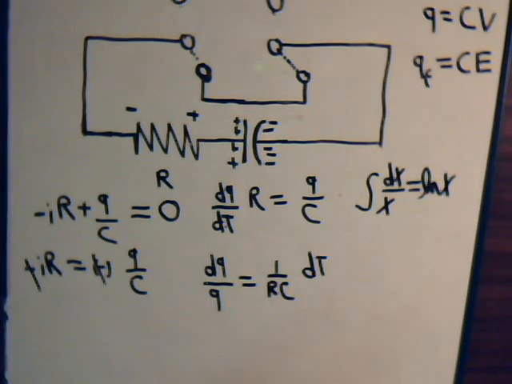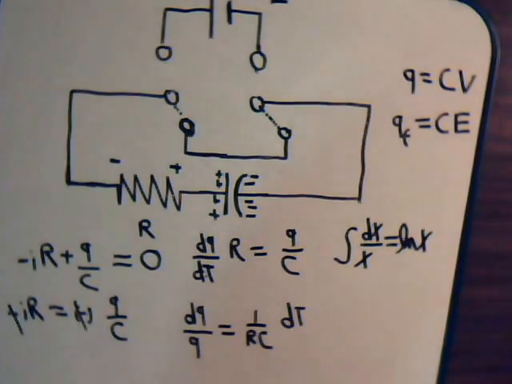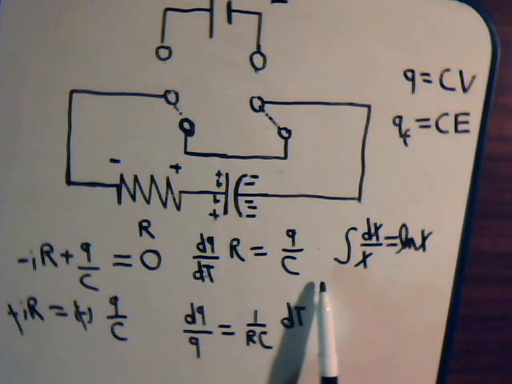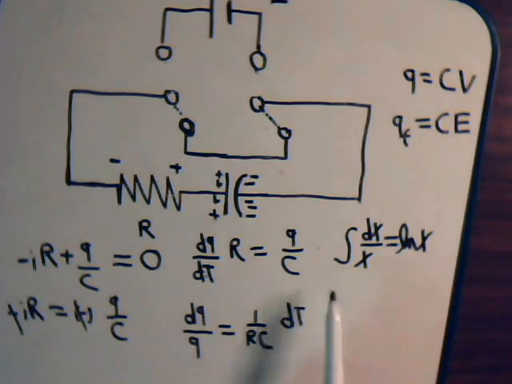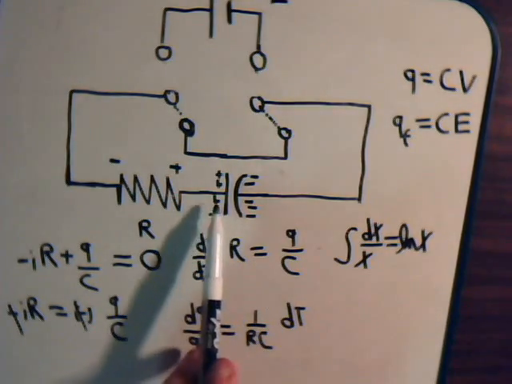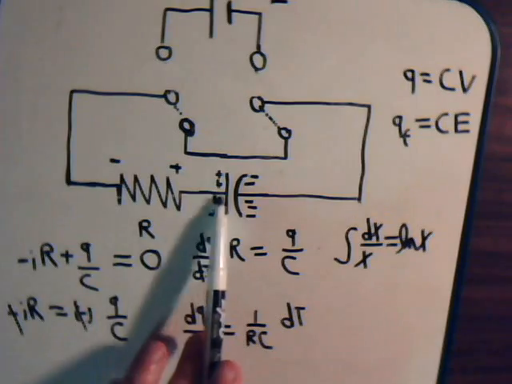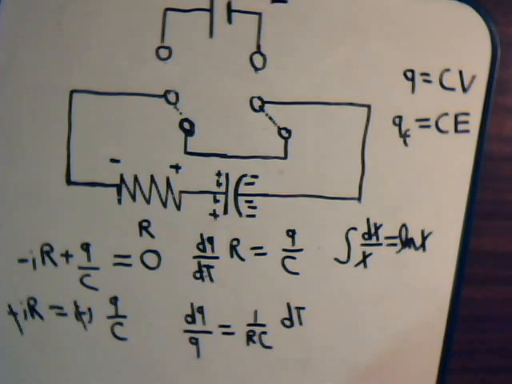Oh, one thing we should notice is that here we have dq/dt equals q over C. Well, now, with time, the amount of capacitor charge is going to be decreasing as this goes across the circuit like this.